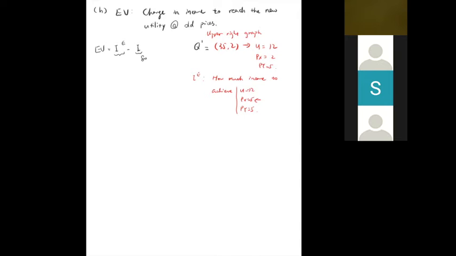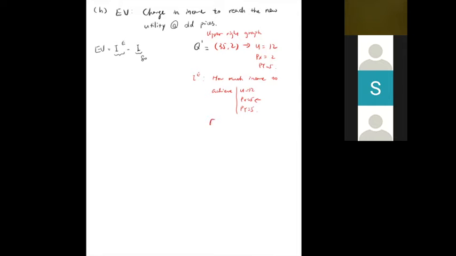So our next goal is to find how much income we need to reach the utility of 12 at Px equals 5 and Py equals 5. We look at all these graphs that can reach the utility of 12 at those prices.